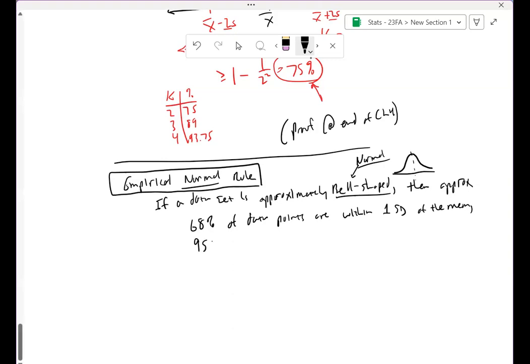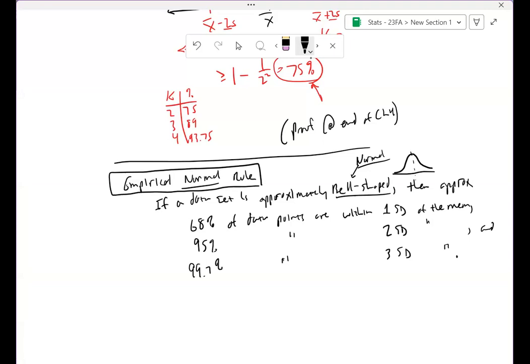Approximately 95% of data points are within 2 standard deviations of the mean. And approximately 99.7% of our data points have a value within 3 standard deviations of the mean.